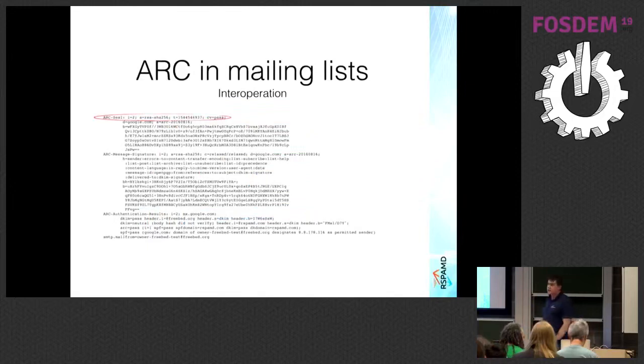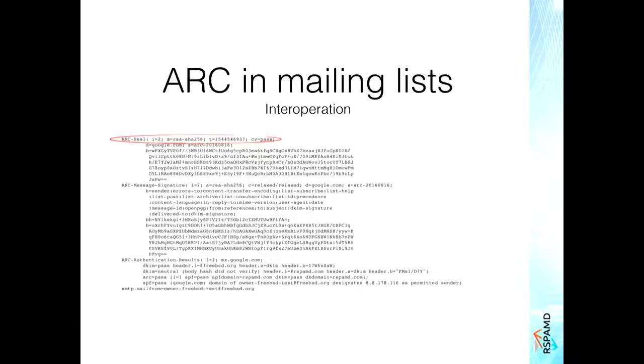That is an email that has been passed from my domain to the FreeBSD list, and then it was received by Gmail. So Gmail actually signed it one more time. And in this case, you see that i=2 means that there is a third relay on the way.